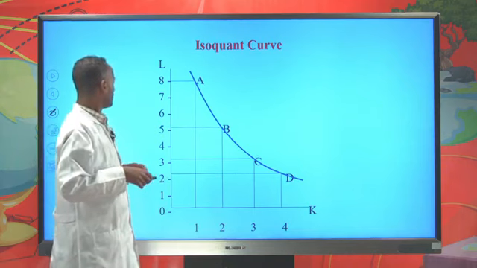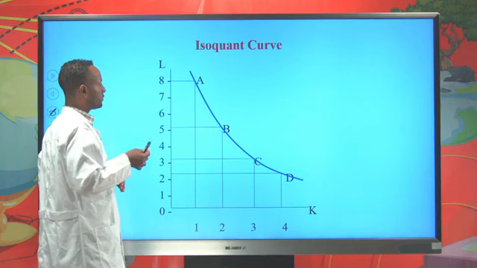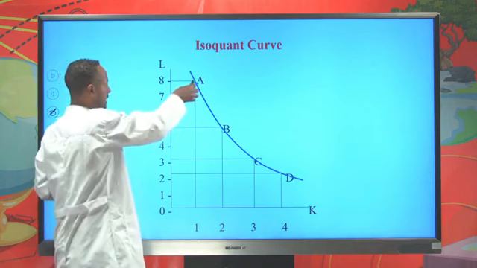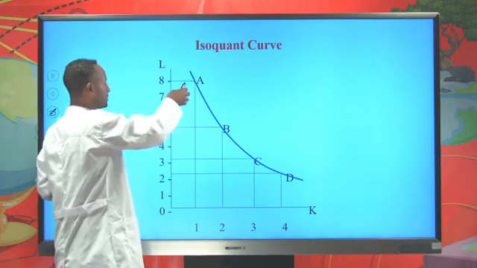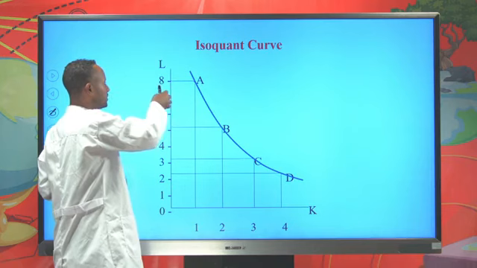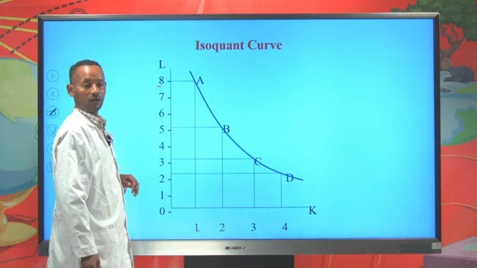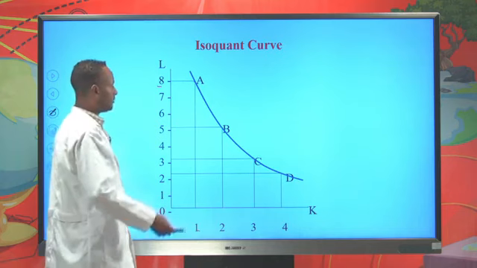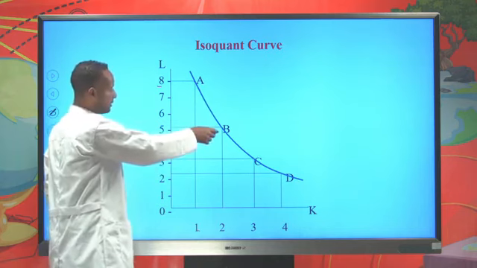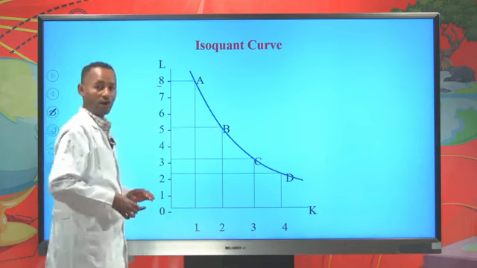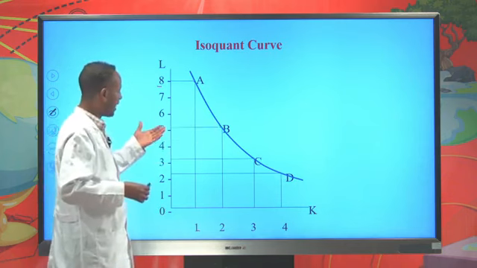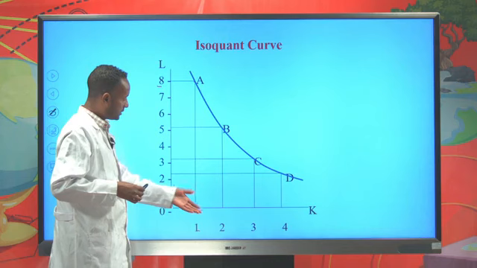So, from this isoquant curve, at combination A, the farmer gets 60 quintal of wheat from a combination of 8 labor and 1 capital or tractor. Again, at combination B, the farmer gets this 60 quintal of wheat with the combination of 5 labor and 2 tractor.